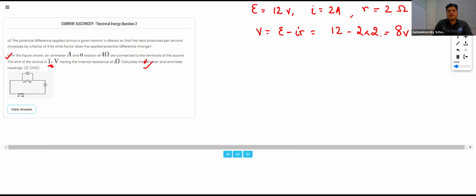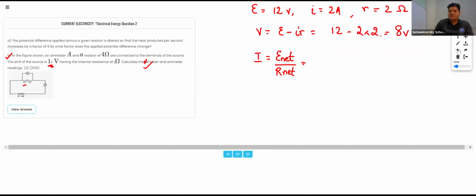Now we are supposed to find the ammeter reading. Ammeter reading is nothing but your current. Current is E net over R net. Net EMF is 12 volt.